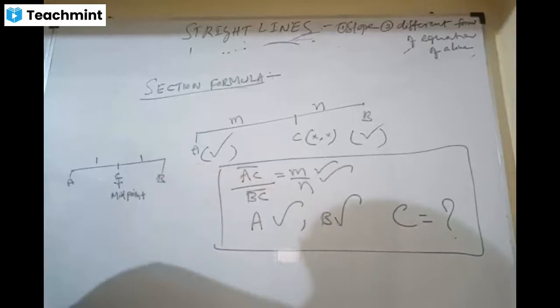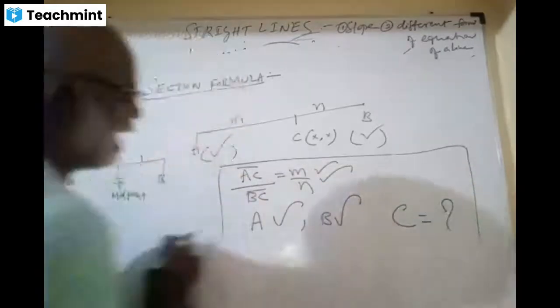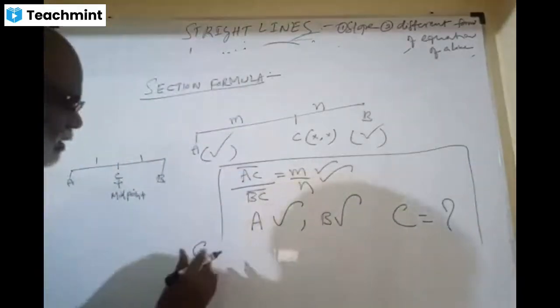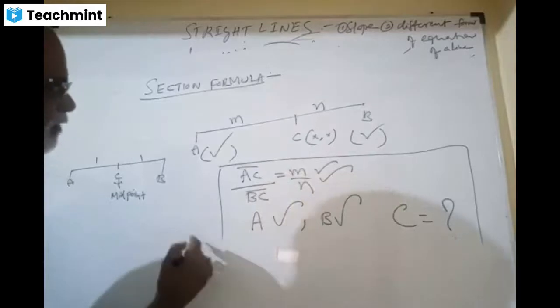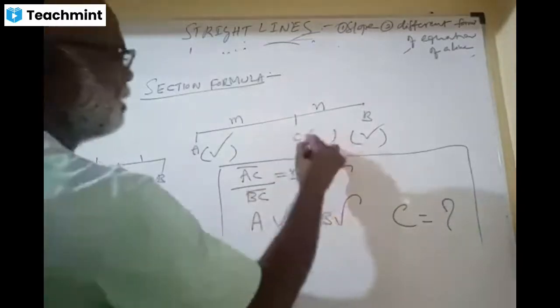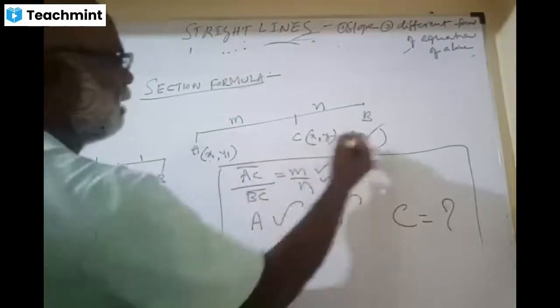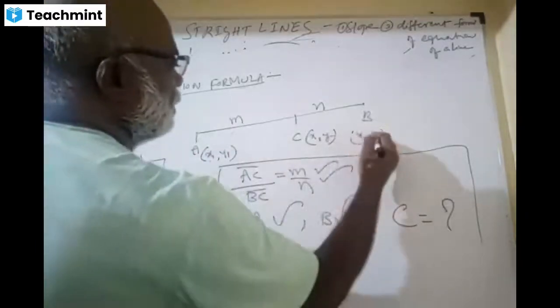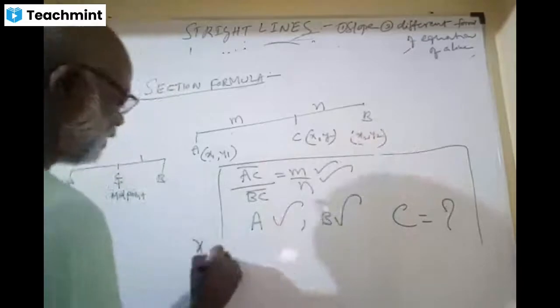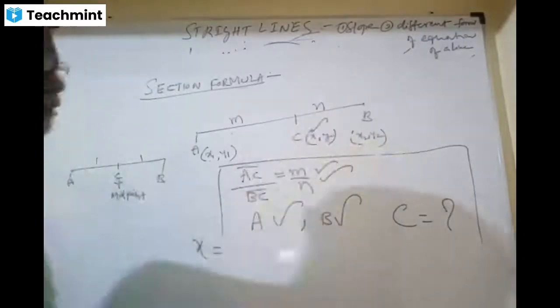So you get the midpoint formula. Can anybody tell? C of x comma y. This is called x1 y1. Mohan, can you tell me the coordinates?